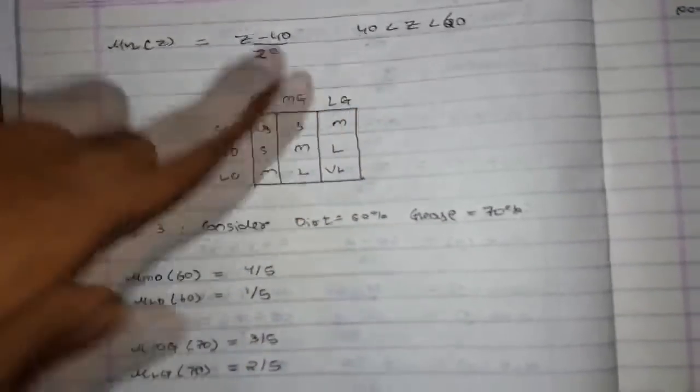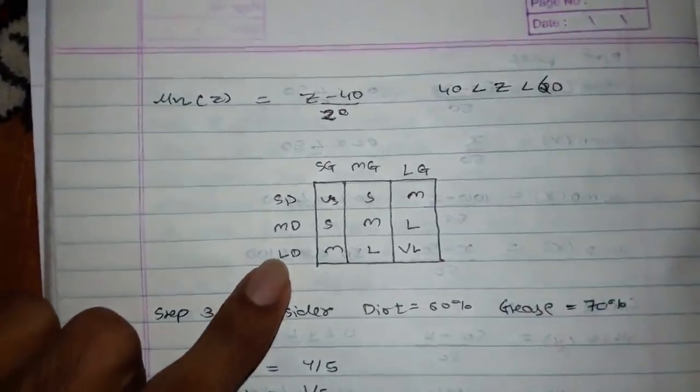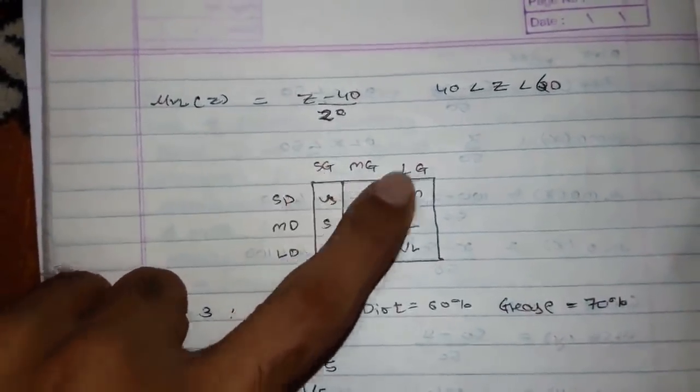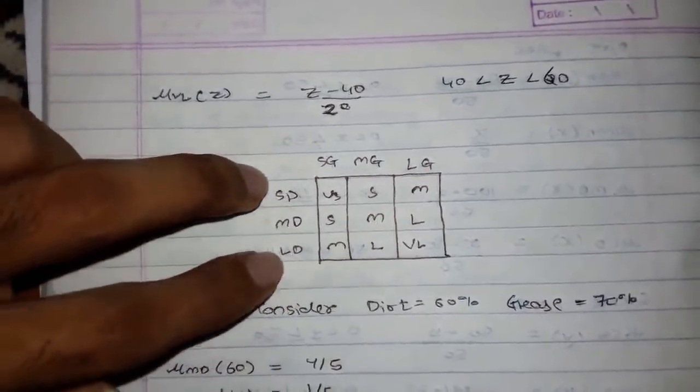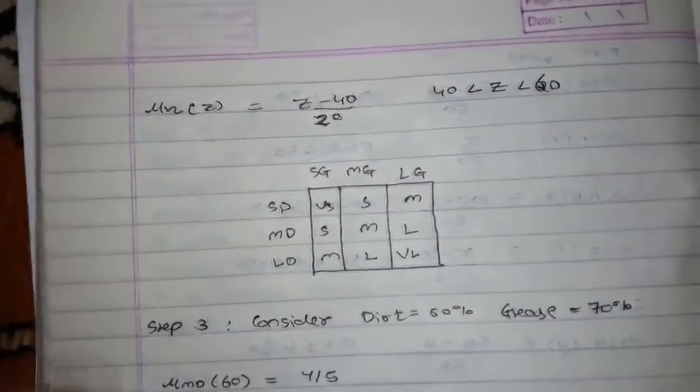So what is the table? Let's see. This is the small table. It is 3 by 3 because there is one input over here and one input over here: small dirt, medium dirt, large dirt, and similarly small grease, medium grease, large grease. Because there are 3 input descriptors for both inputs, this is a 3 by 3 table.